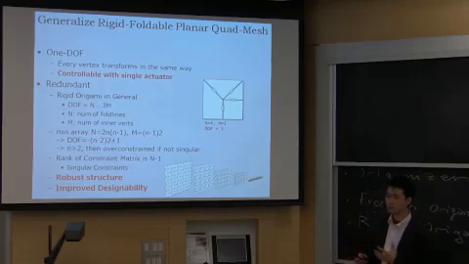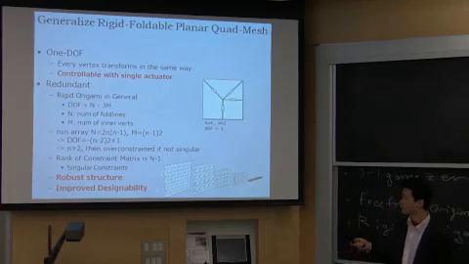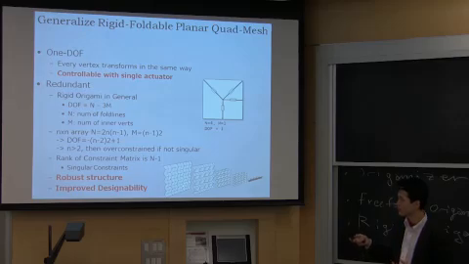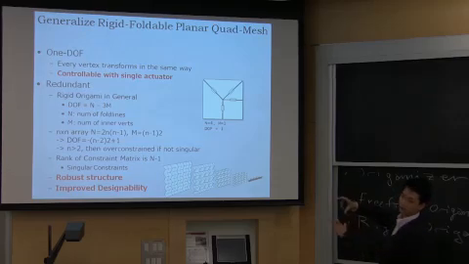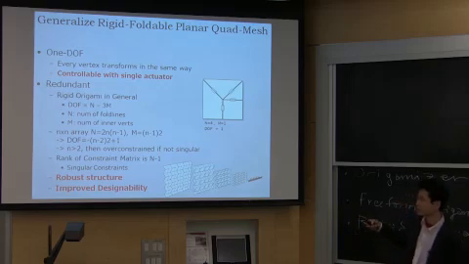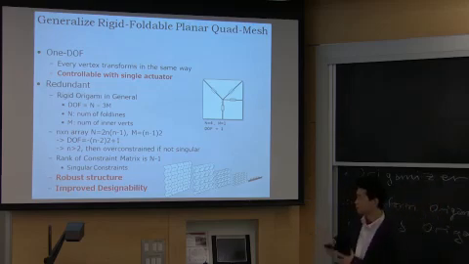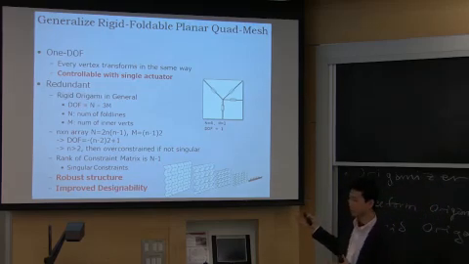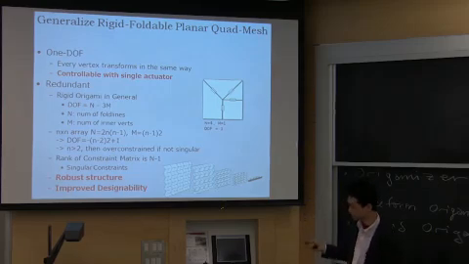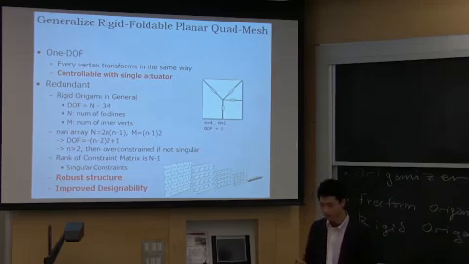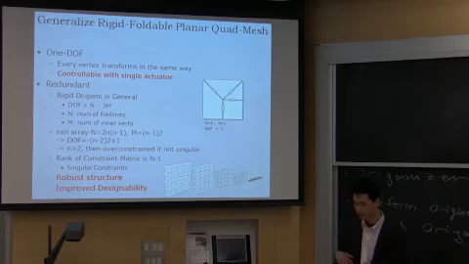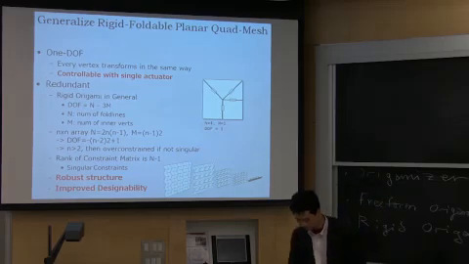And also this is great because all the constraints are redundant. You can remove this part, so you can put a hole in the center, but it still results in the same motion. And you can design more freely with this kind of robust redundant constraint structure.